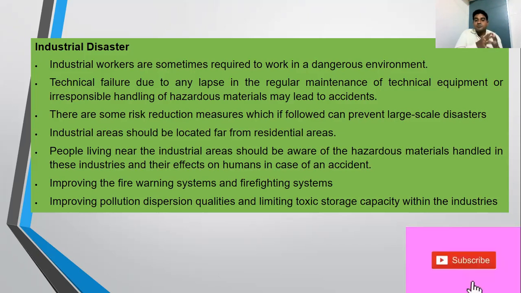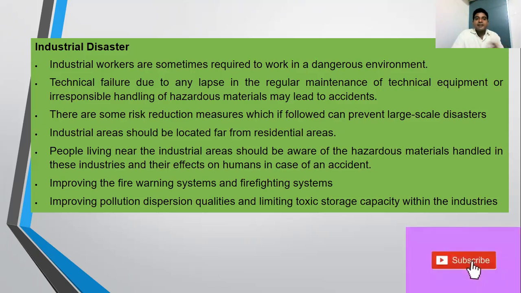Improving pollution dispersion qualities and limiting toxic storage capacity within the industries can also reduce these effects. We are talking about the disasters caused due to industrial locations, because in industries, even a small negligence or a technical failure can cause an industrial disaster. We have seen such incidents in the present and even in the past.